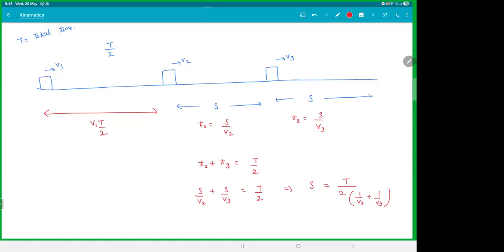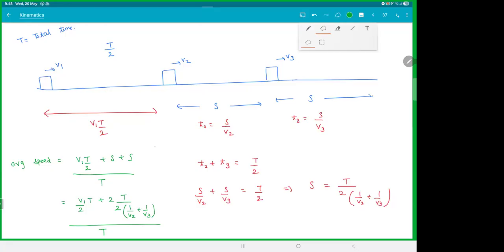Got the data? Great. So what is the average speed? Total distance by time. What is the total distance? v1 t by 2 plus s plus s, which I don't know what it is, and by t. But I just now calculated it, dump it here. That would be v1 t by 2 plus 2 times s, which is t by 2 times 1 by v2 plus 1 by v3, all divided by t.